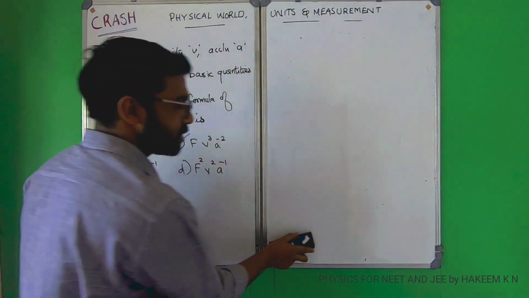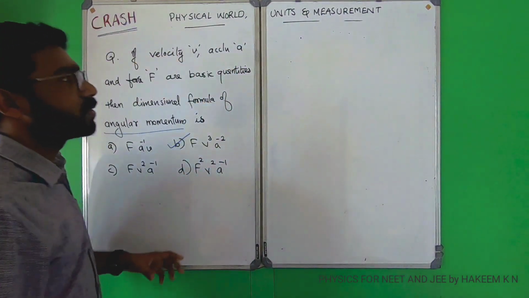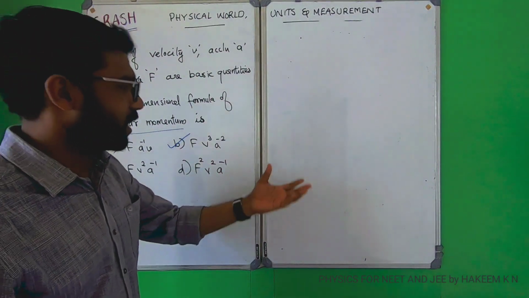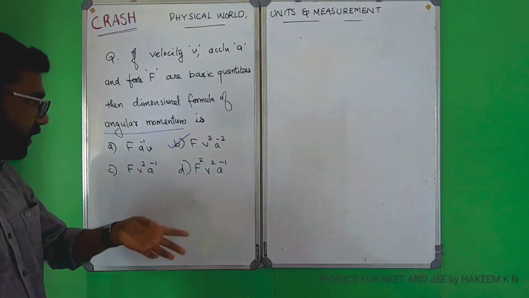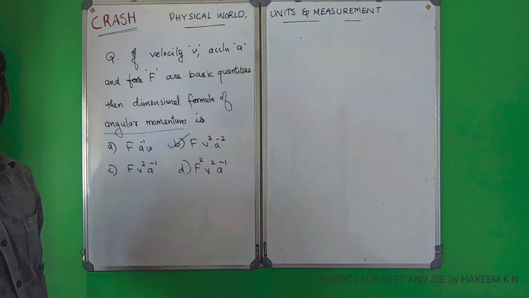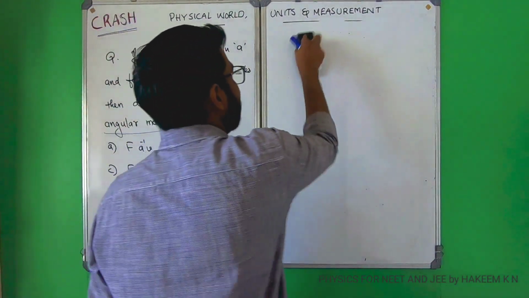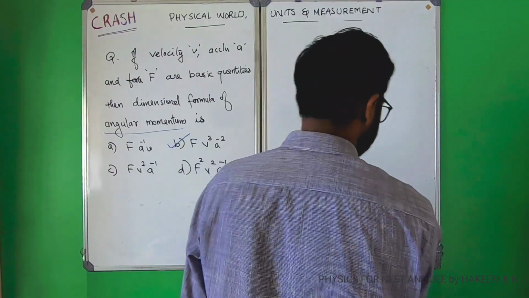Okay, that is one more method. According to the question, sometimes the first method or the second method will be easy. Okay, checking the dimensions of options.